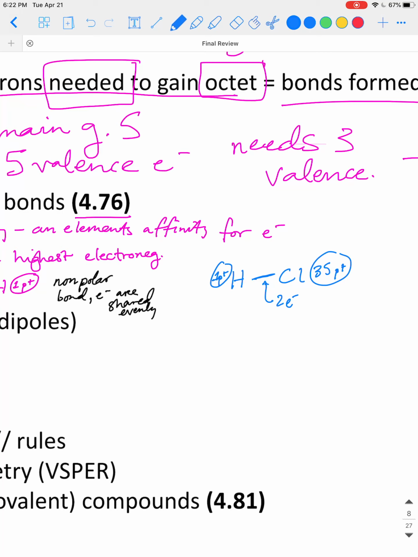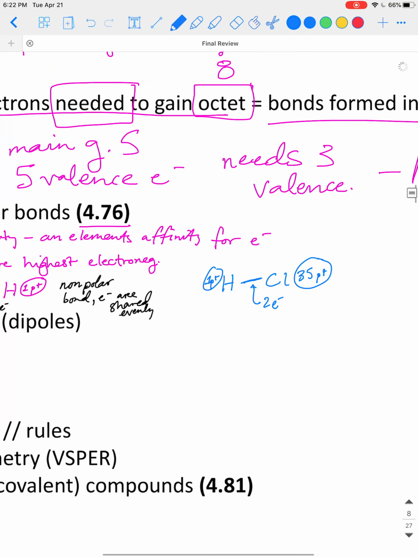If we are looking at the 2 electrons in this bond, which side is going to be pulling them harder or with more strength? Obviously the 35 protons. Those electrons are going to be attracted to a mass of 35 positive charges versus just 1 positive charge. Sorry, hydrogen. So that means the electron density is pulled towards chlorine. And now we have a separation of charge.